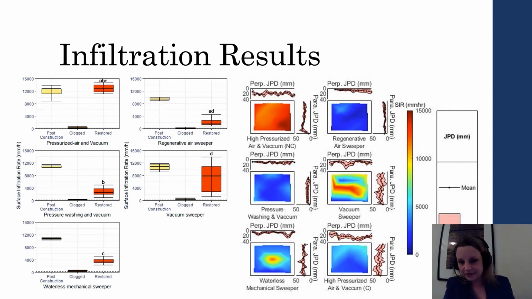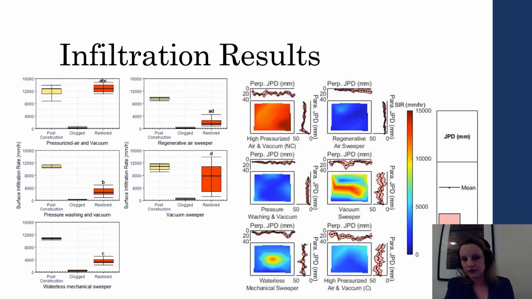In our second figure here, we can actually see some of the spatial variability that we observed as we compared our infiltration measurements that were taken at different points across the cell. As you can see, some of the systems were very uniform, like the high pressurized air, very consistent service no matter where you are.